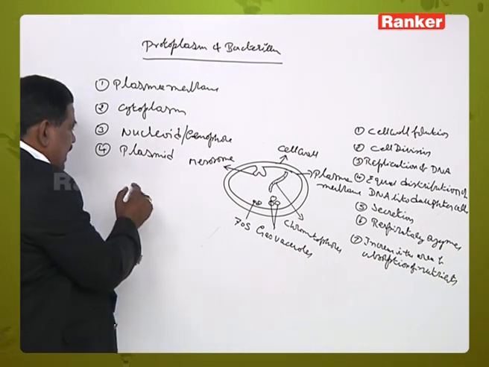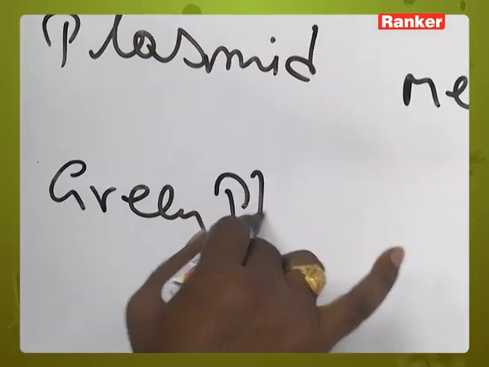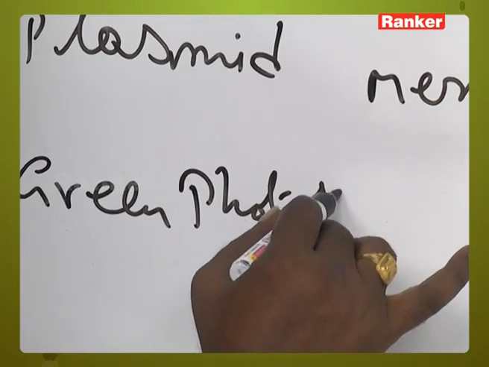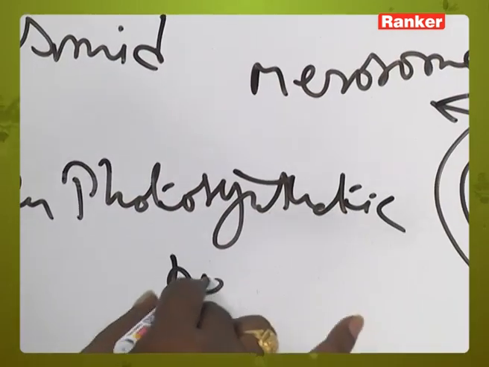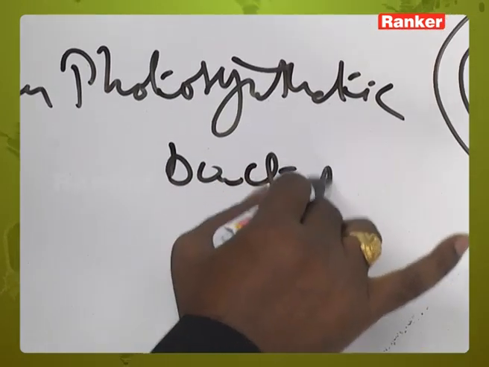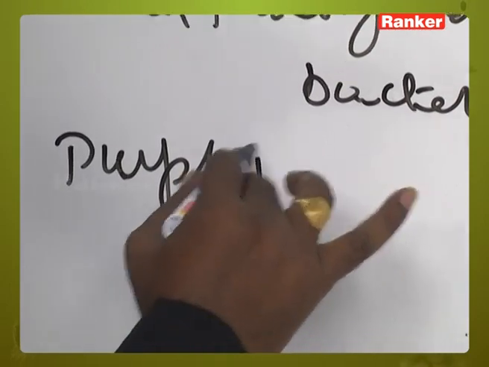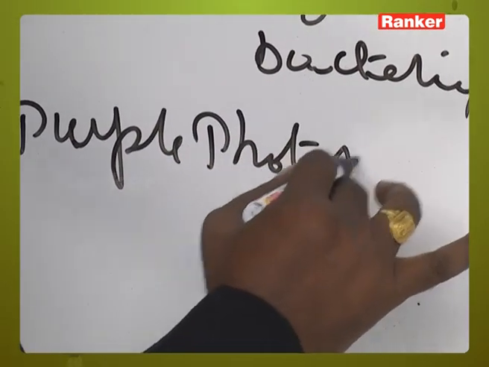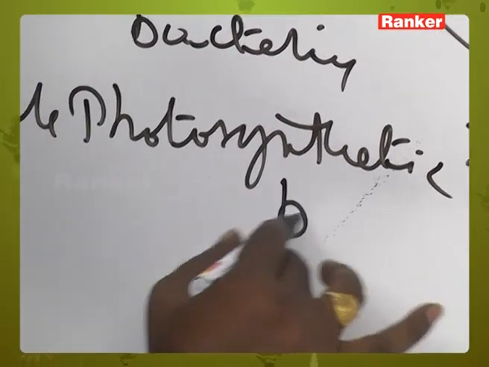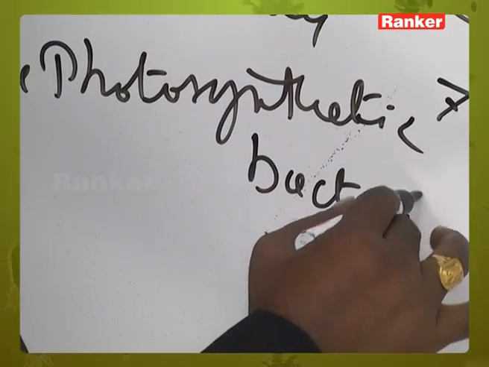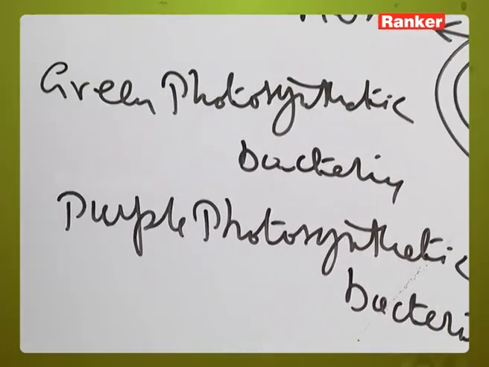Example, green photosynthetic bacteria, purple photosynthetic bacteria.